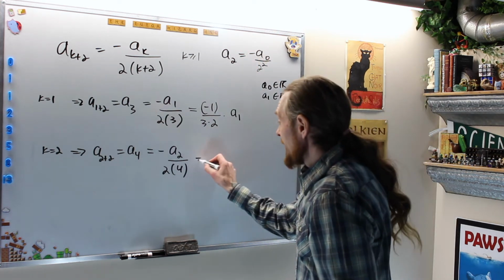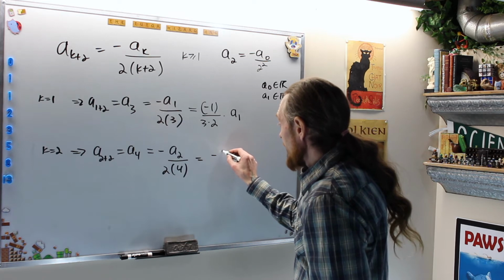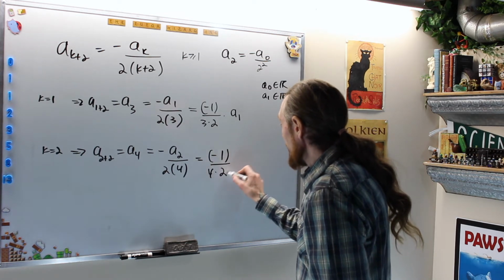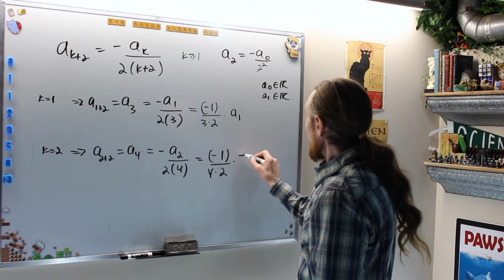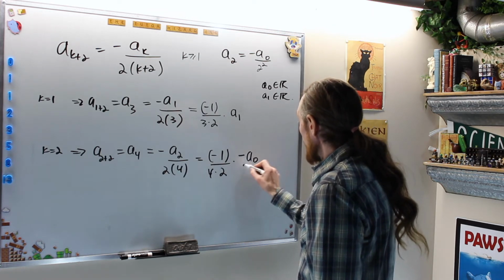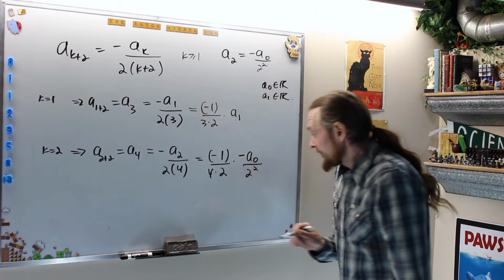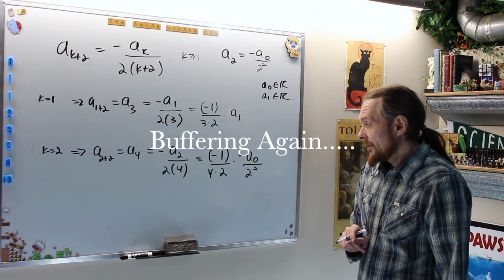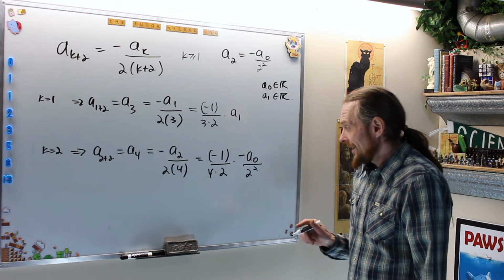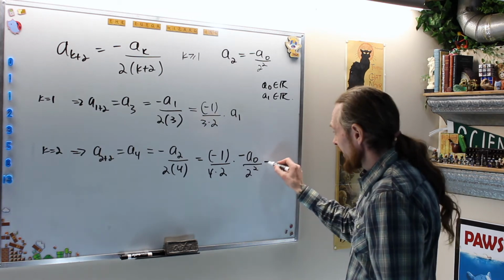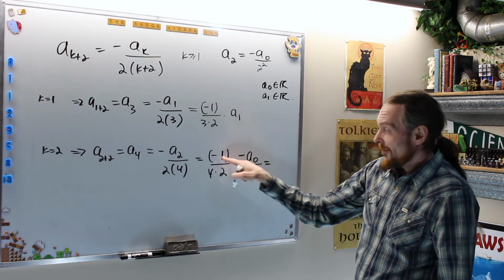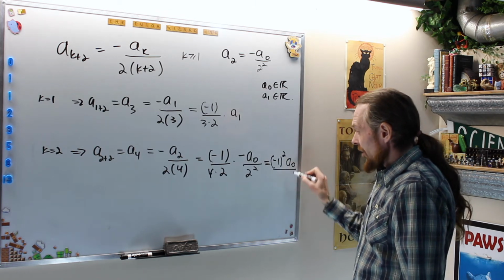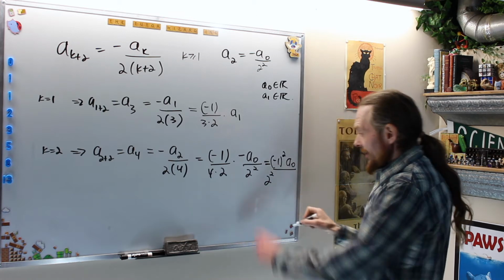So that says now that this is -1 times 4 times 2 times -A0 over 2 squared. So what is that? I'm going to combine that and clean that up. Remember, never combine those. That's -1 squared A0 over 2 squared. I'm going to leave that.